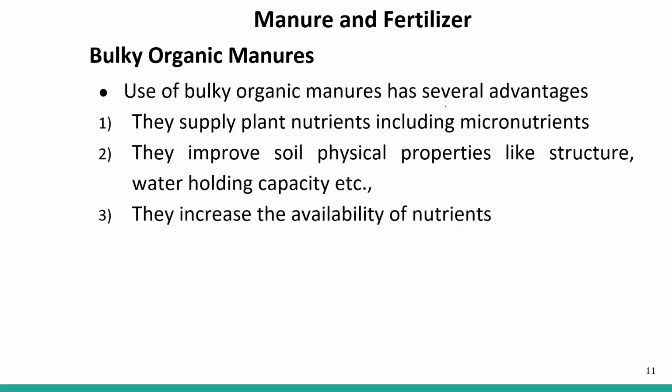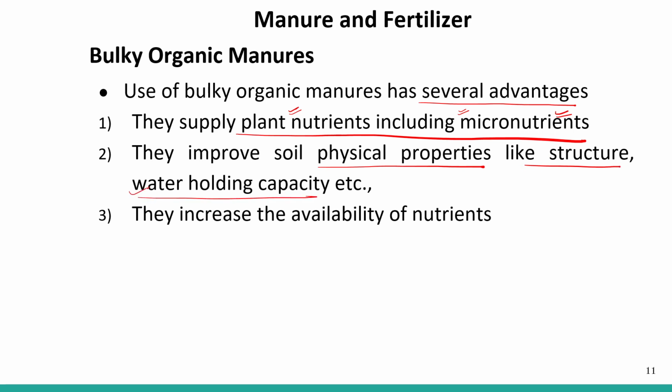Use of bulky organic manures has several advantages. They supply plant nutrients, including the micronutrients. So they have micronutrients and other important plant nutrients as well. They improve soil physical properties like structure, right? Water holding capacity, very, very important.